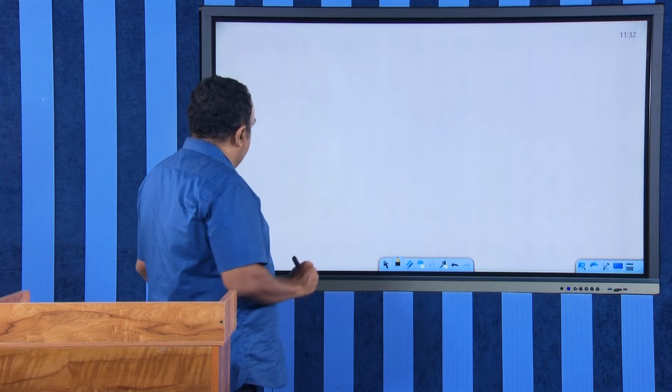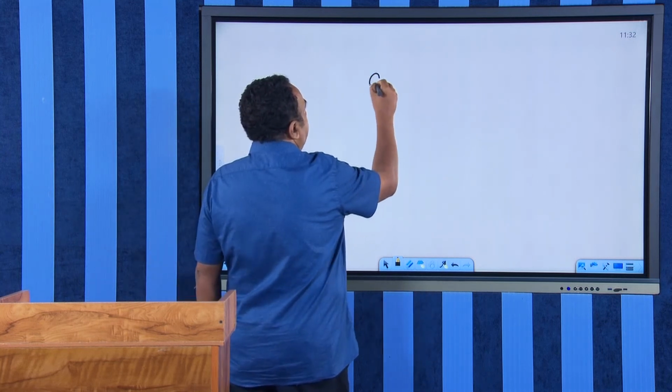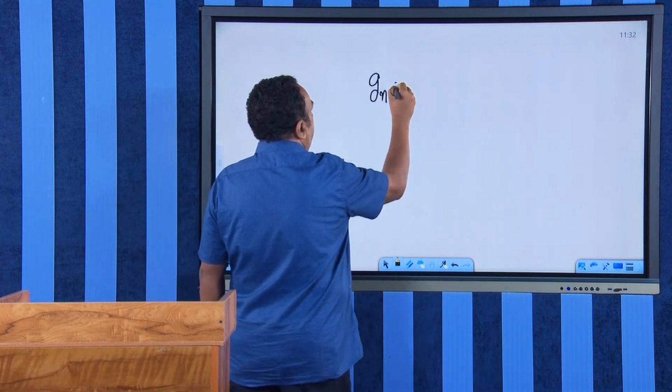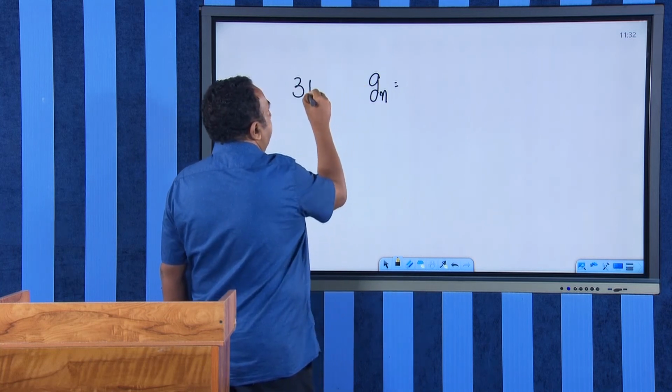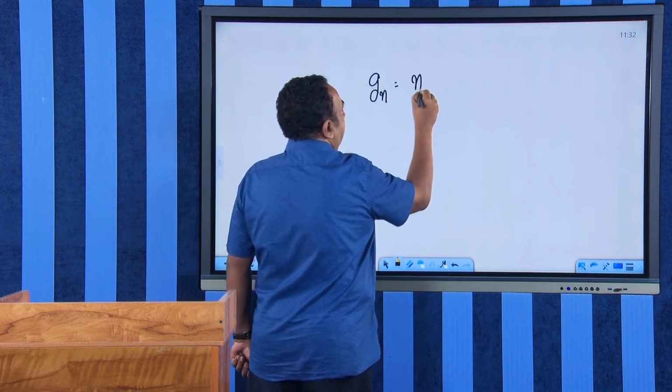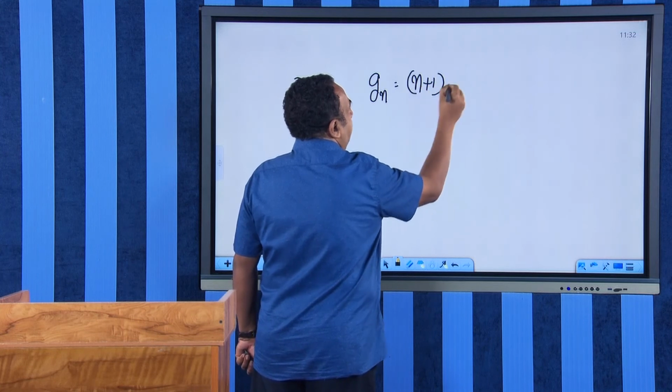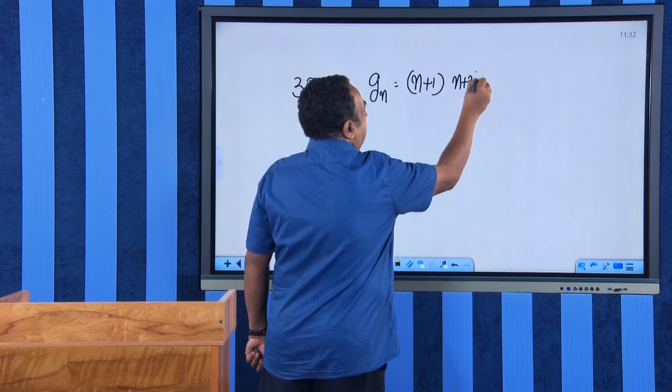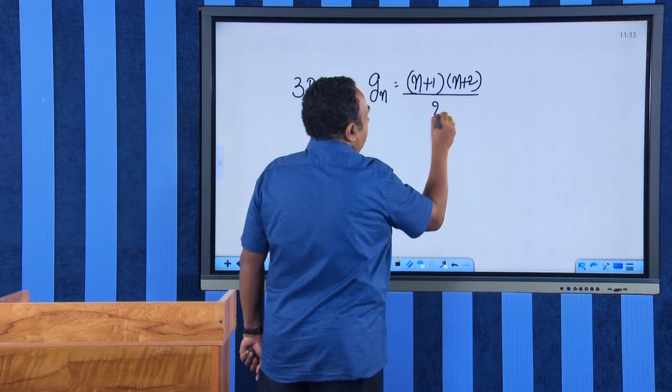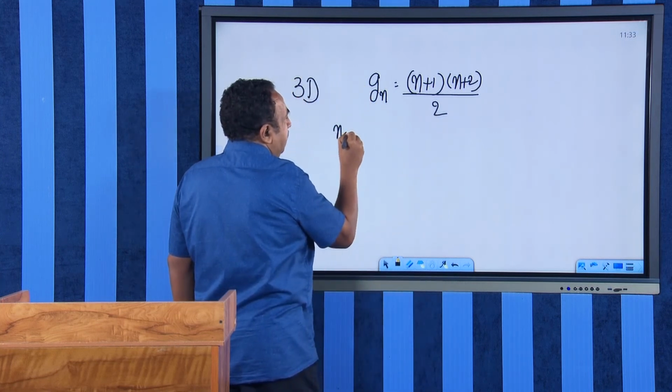So the degeneracy equation in 3D is given by n plus 1 into n plus 2 divided by 2.